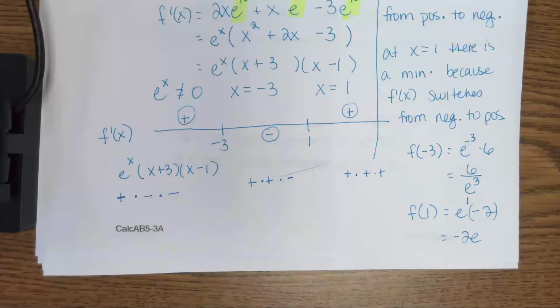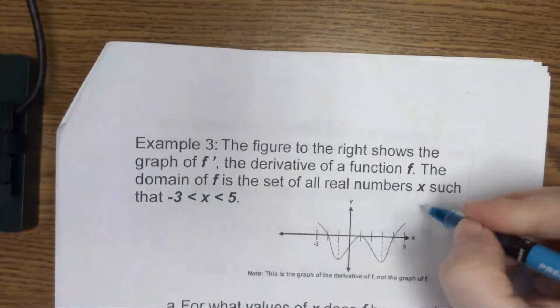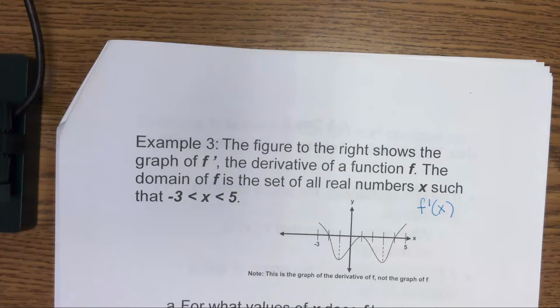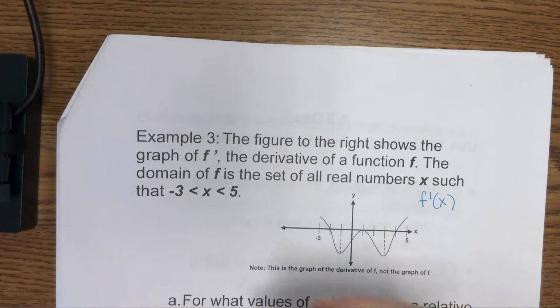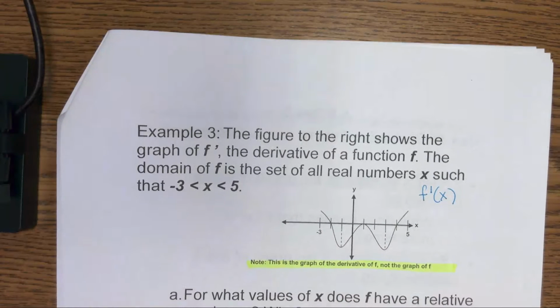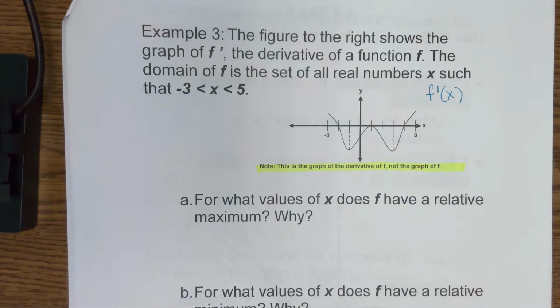Alright, the last thing I would like to look at today is, what if you're given a graph of the derivative? The key thing here is that this is a graph of f prime of x. Some key things to understand, though, is let's highlight when the derivative is positive.